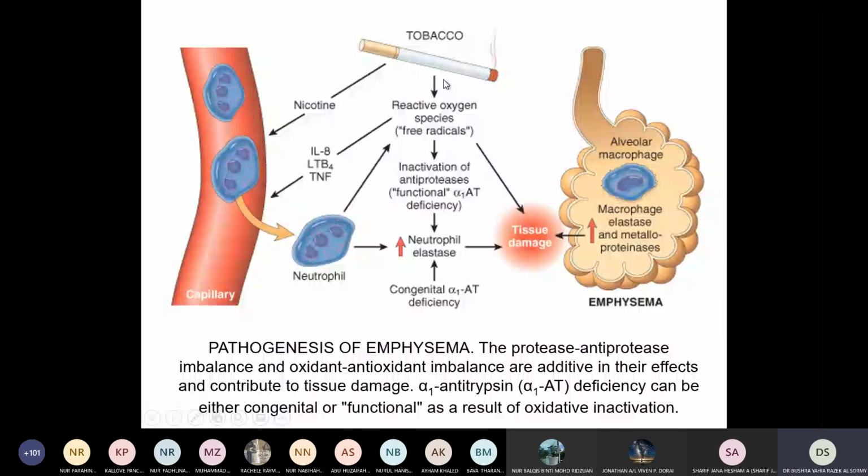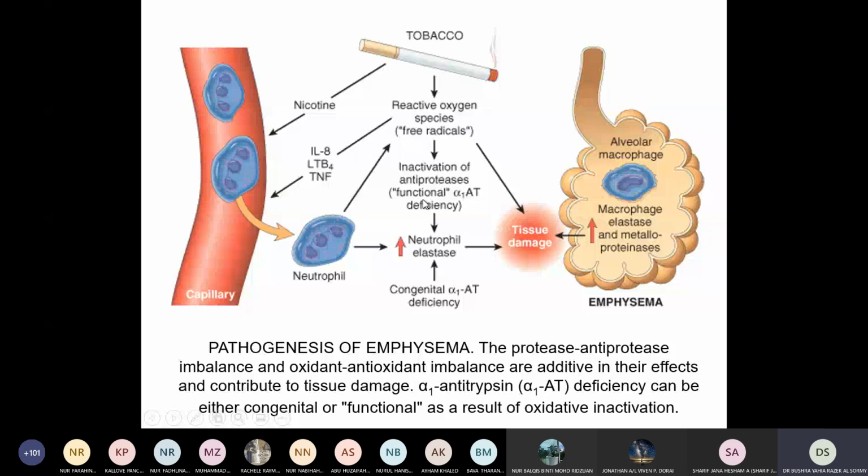And also reactive oxygen species, which are radicals, release interleukin, and those also stimulate the neutrophil. As well as the free radicals inactivate anti-protease, leading to increased neutrophil elastase.